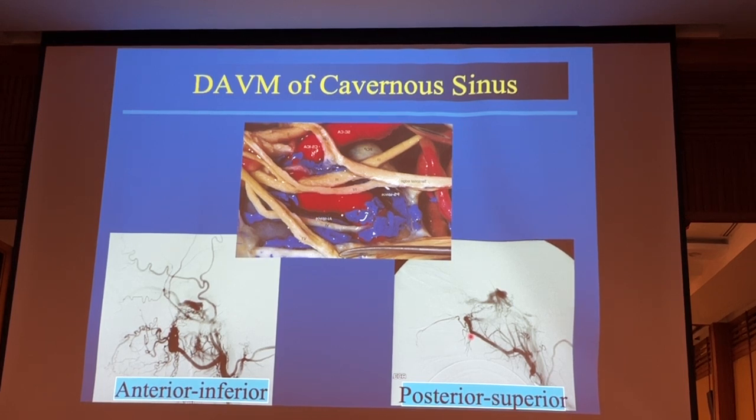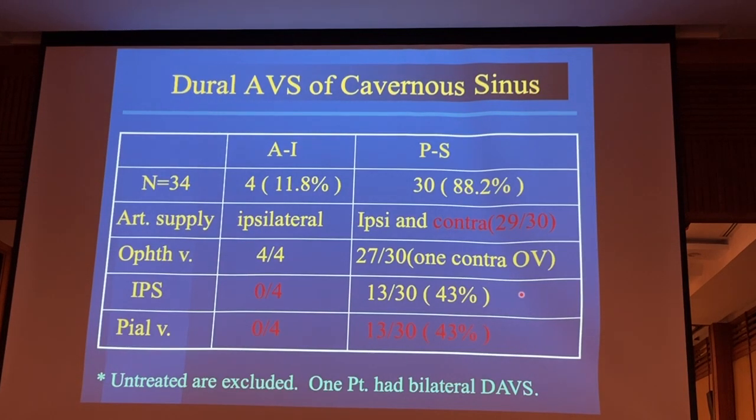There are several different classifications or compartments described in neurosurgery, but the major thing is the anterior inferior compartment and the posterior superior compartment. Okay? And some time ago, many years ago, we were looking at the cavernous sinus dural AV shunt. We recognized there is an anterior inferior compartment AV shunt and a posterior superior compartment AV shunt, two different locations.